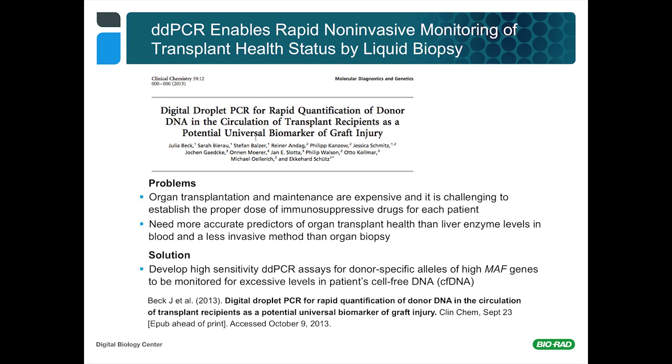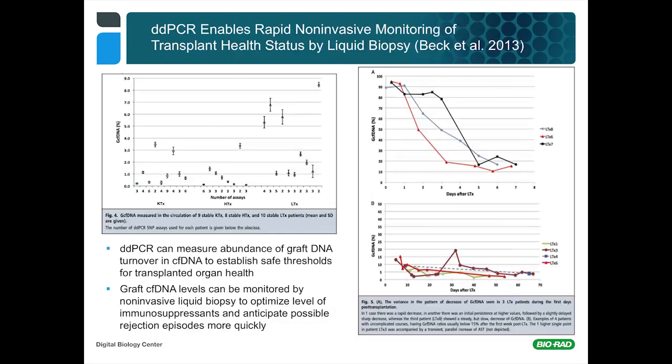It's found that droplet digital PCR can be used to both monitor the levels of donor DNA in the blood, and to assess whether or not those levels are rising above undesirable levels in either kidney, heart, or lung transplants. Here on the graph on the right, you can see the change in the donor DNA copies in the blood, liquid biopsy as done in cancer, going from very high levels shortly after the transplant in the upper graph down to very low levels, and then monitoring in the lower panel across many months of treatment.